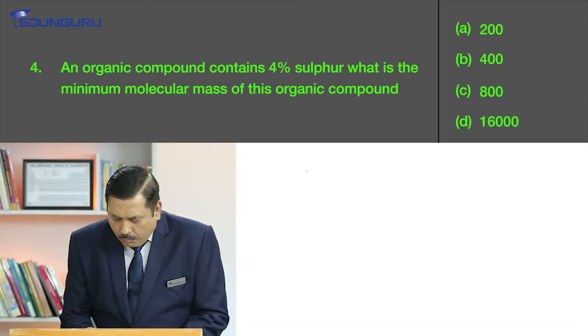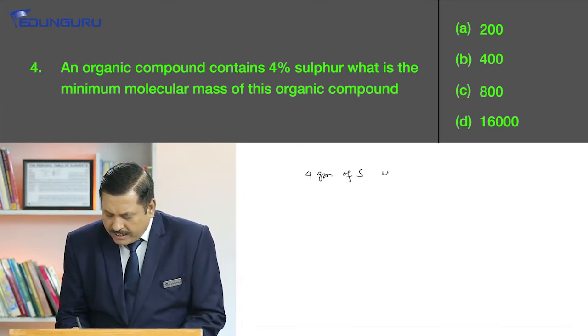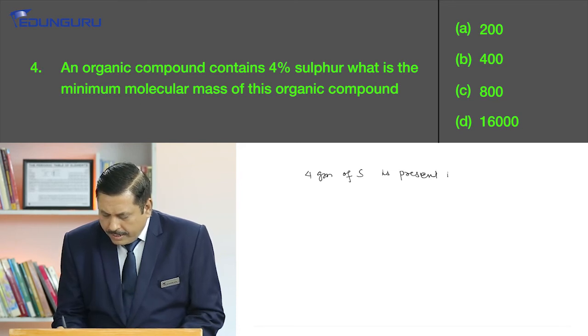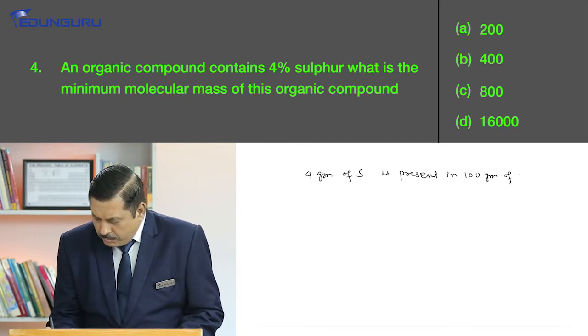Now 4 gram of sulfur is present in 100 gram of compound.